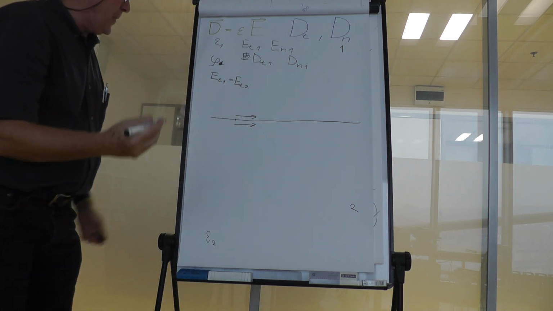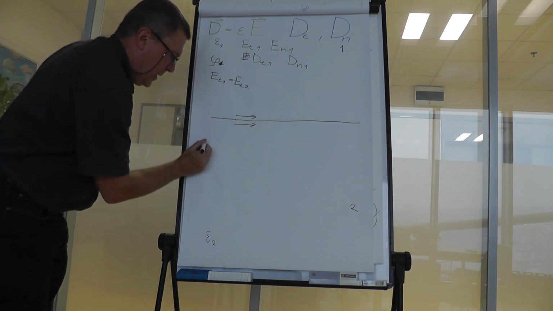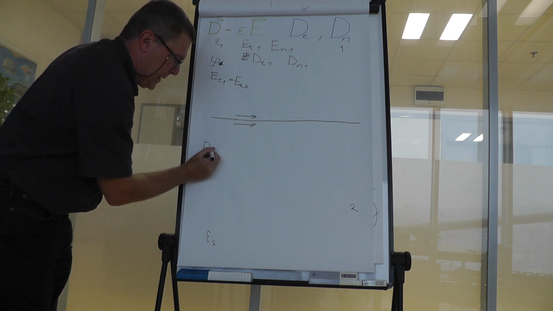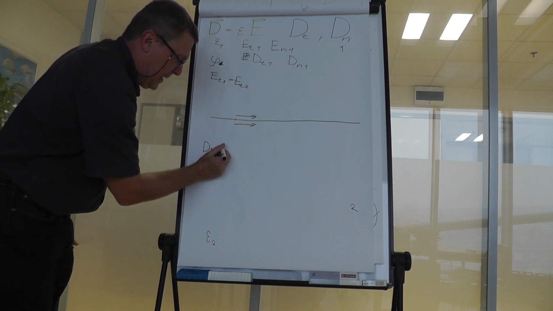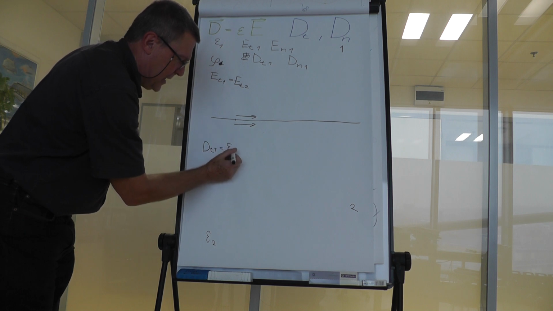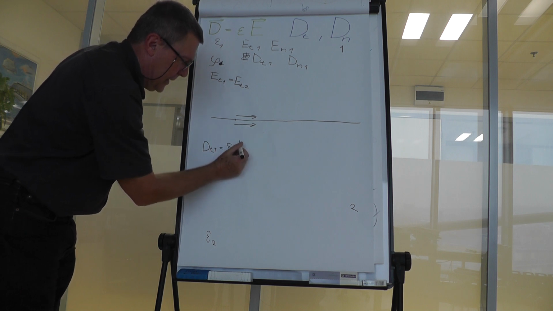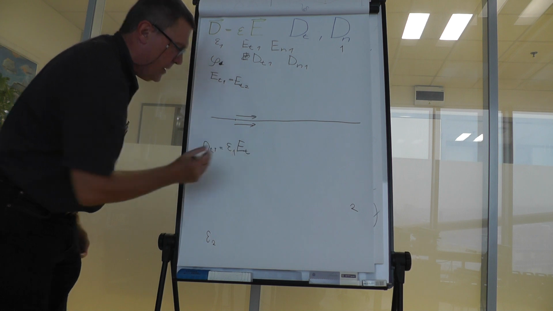So we have D tangential 1 is epsilon 1 E tangential.